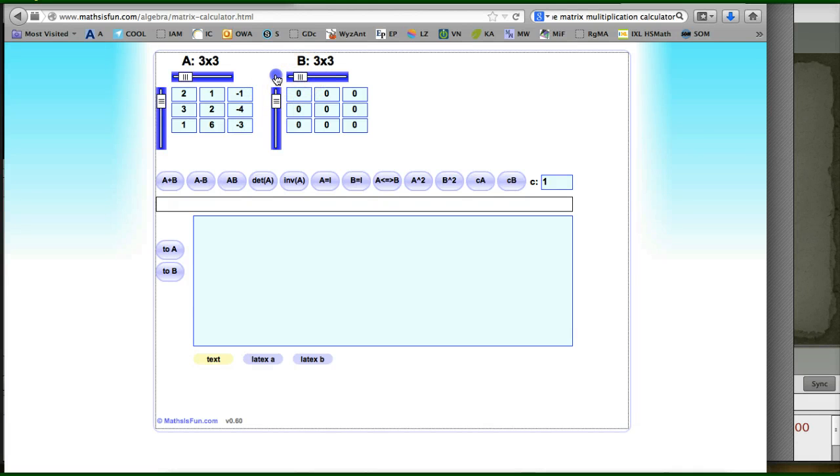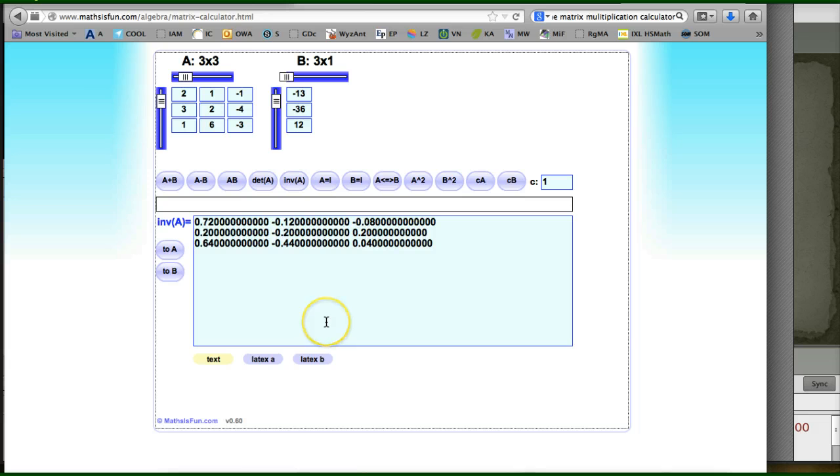And then I need to make this a 3 by 1 because that's going to be the equals: -13, -36, 12. Okay, and this one, like I told you, I want to click on inverse of A, and that gives me the inverse of A.